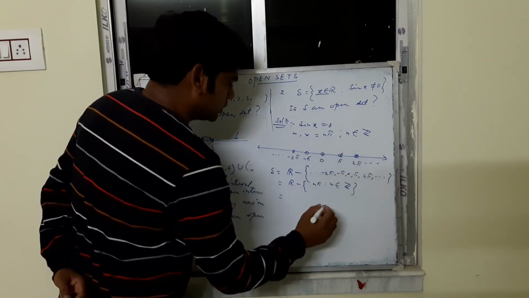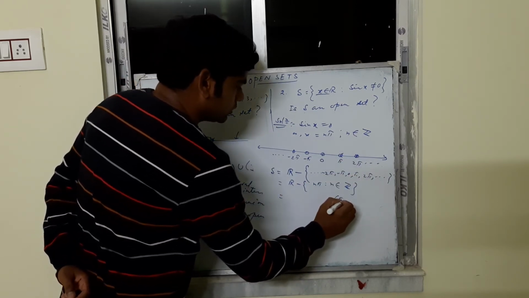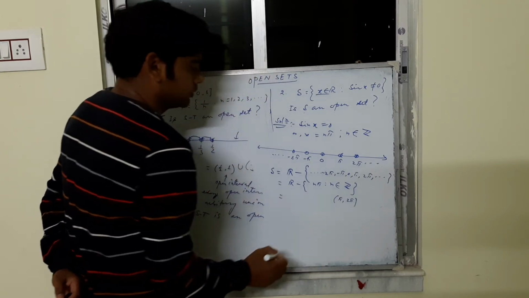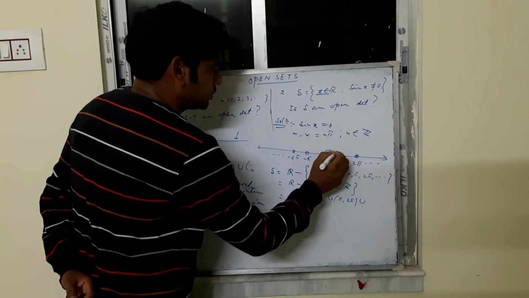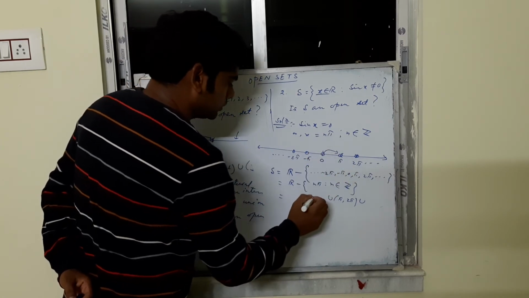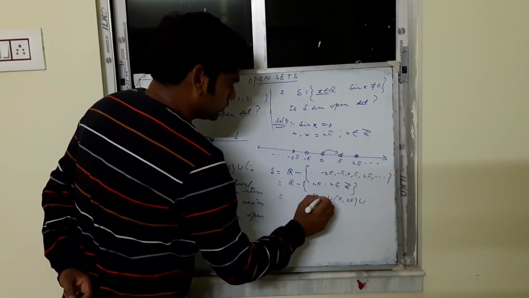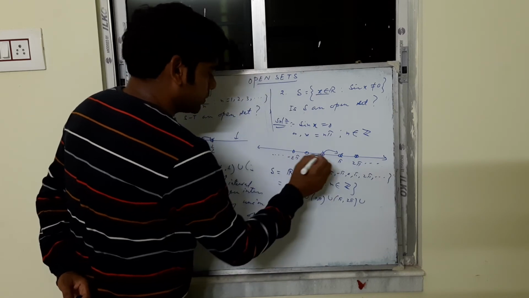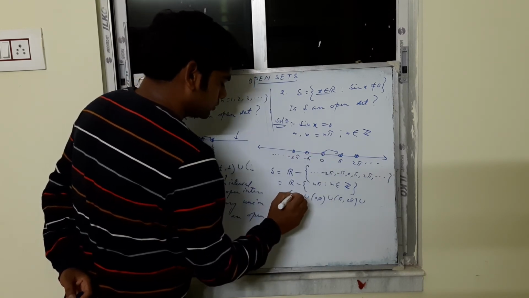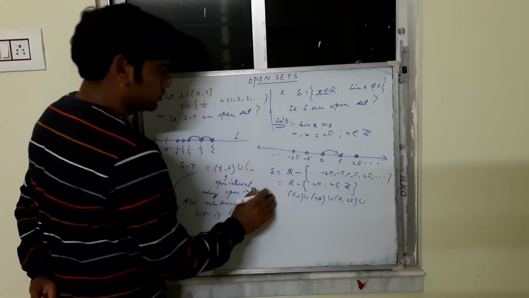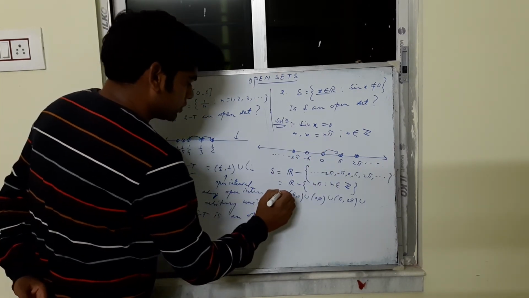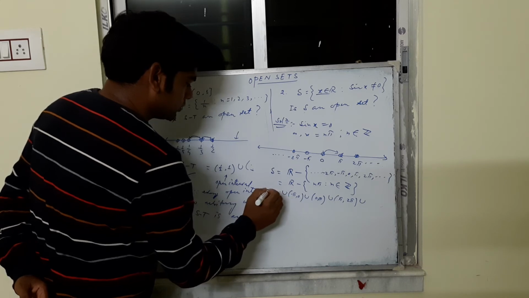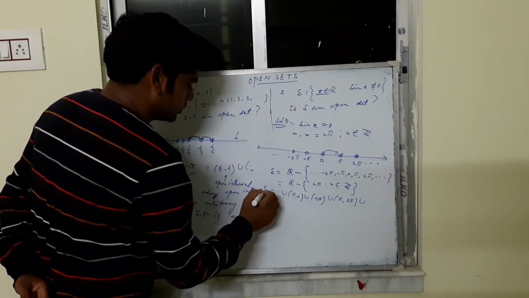So this set will be the interval pi, 2 pi. This one 0, pi; this one minus pi, 0; this one minus 2 pi, minus pi, etc. So this is nothing but S.